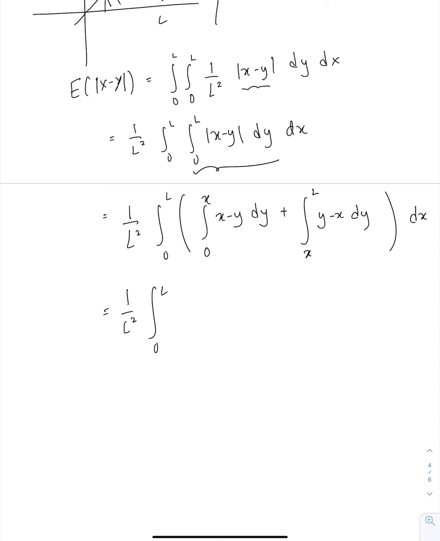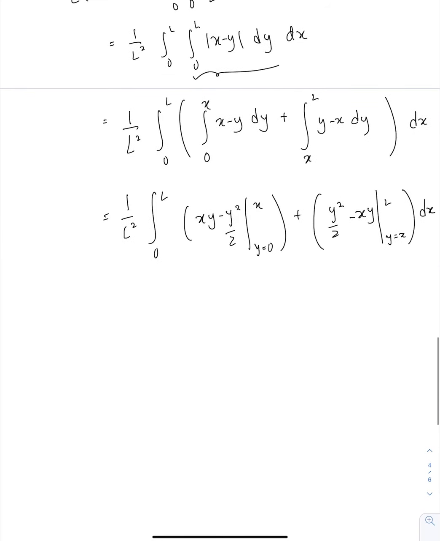This is a dy integral. So you have xy minus y squared over 2, y going from 0 to x, plus, let's do this, y squared over 2 minus xy, y going from x to L, dx.